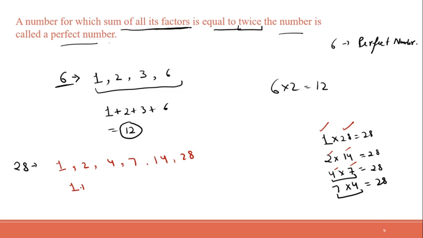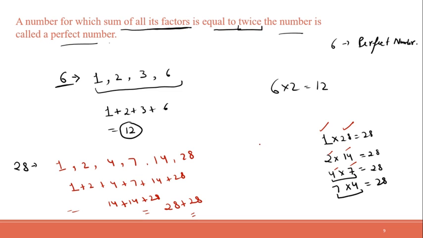And if I add these factors, 14 plus 28, what will I get? 4 plus 2 is 6, plus 7, 7 plus 7 is 14, 14 plus 14, plus 28. So it will be 14 plus 14, 28 again, plus 28. If you want, you can do the calculation manually. I am just giving the example.